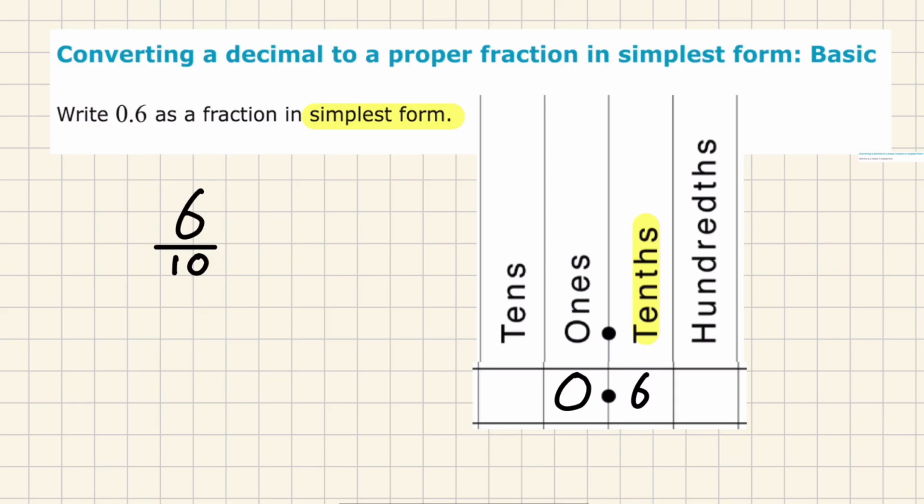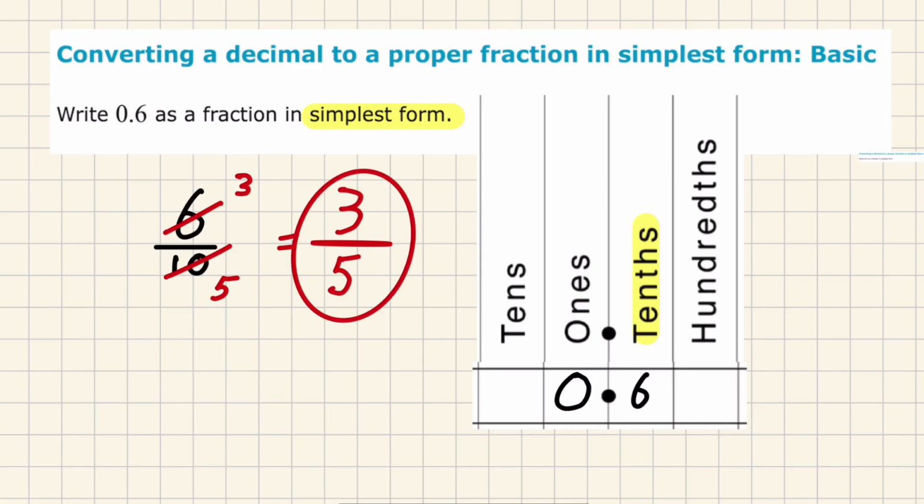And from here, we just need to see if we can simplify. Both 6 and 10 are divisible by 2. 6 divided by 2 is 3. 10 divided by 2 is 5. So our simplified fraction has 3 in the numerator, 5 in the denominator. 3/5 is our simplified proper fraction.